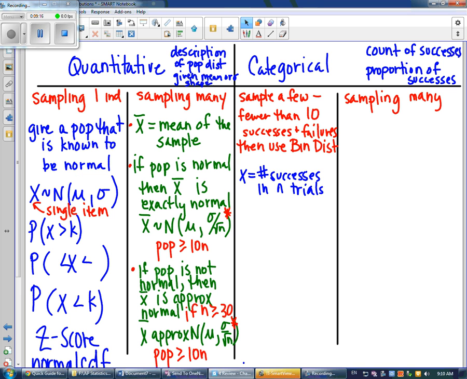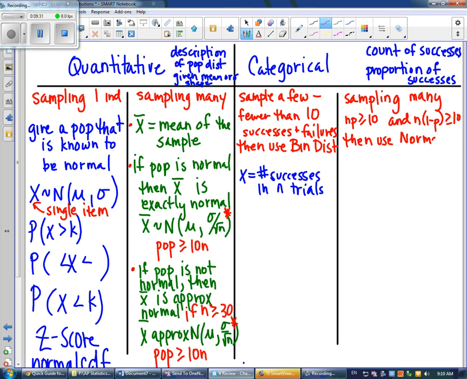If n times p is greater than or equal to 10, and n times 1 minus p is greater than or equal to 10, then use a normal distribution. And if we use a normal distribution, we're talking about p hat, which is your proportion of successes in n trials.